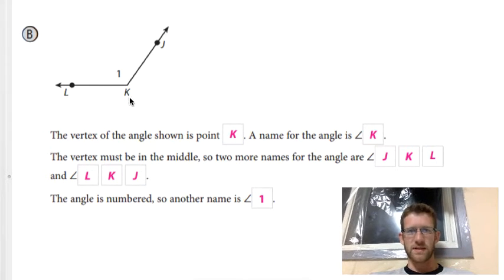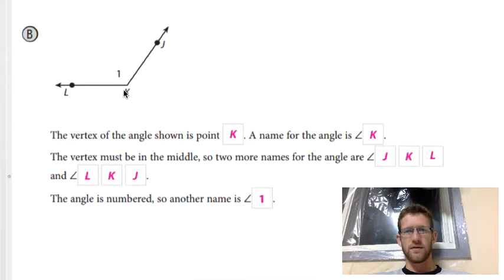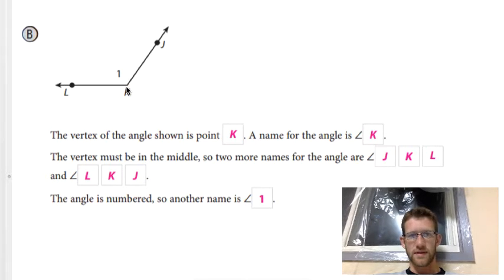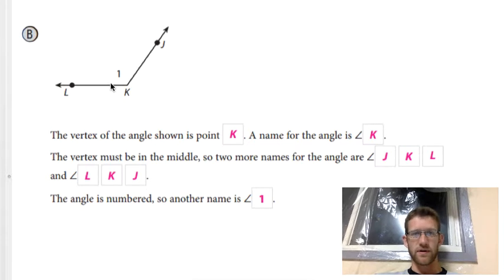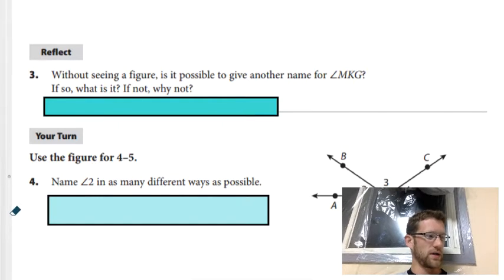So a couple different ways to name it. You can name it just with the vertex if it's the only angle with that vertex. You can label it with point, vertex, point in any order, or you can look for a number. Sometimes there's a number.